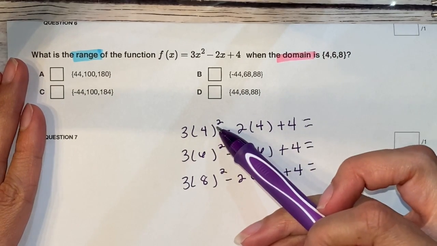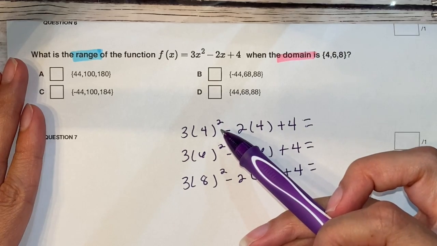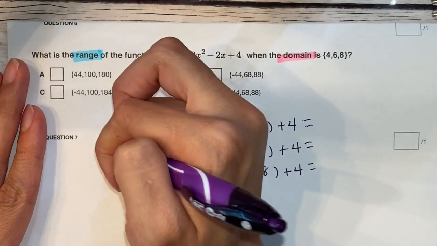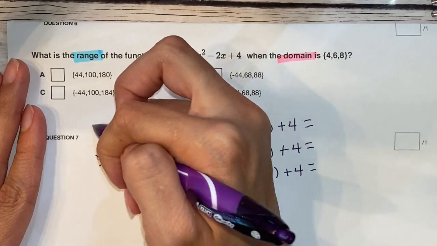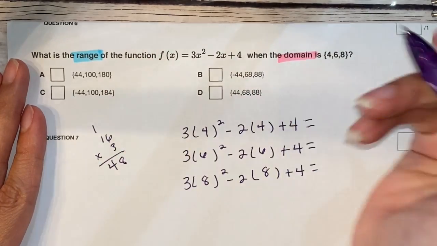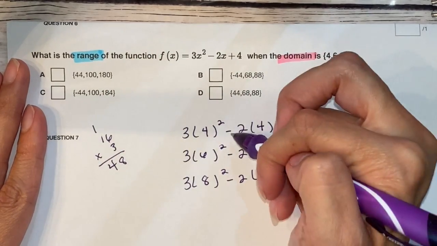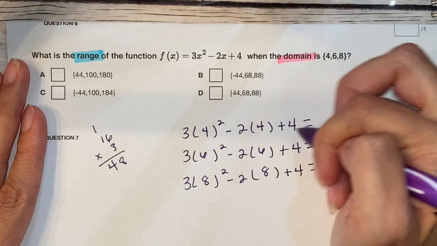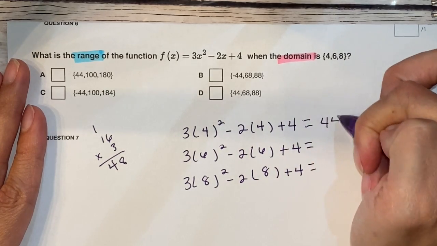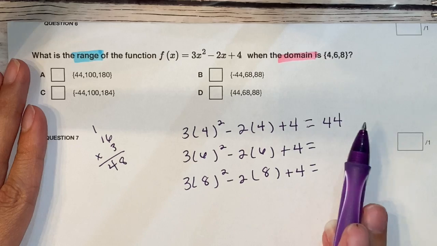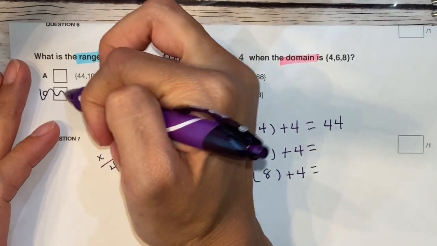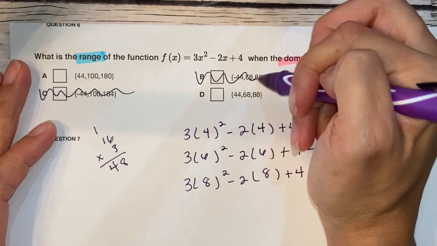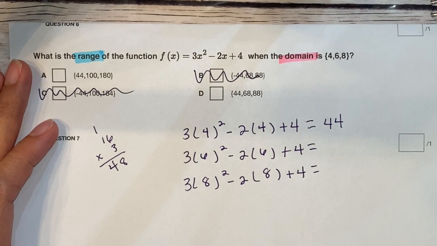So 4 squared is 16. 16 times 3, let's do that over here. So it's 48 minus 8 is 40 plus 4 is 44. So already I can see I ended up with a positive 44. So I'm going to eliminate C and I'm going to eliminate B. So now I'm only left with 2 answer choices, A and D.